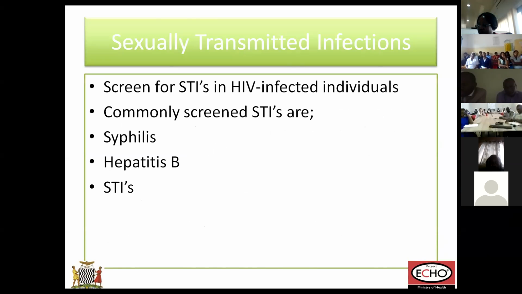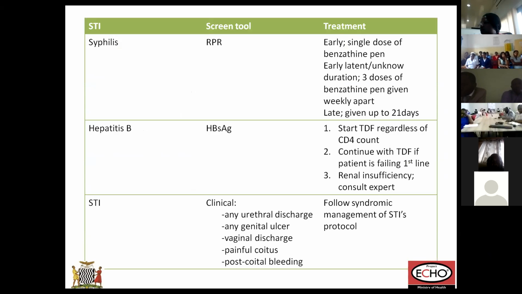The screening tool that we use for syphilis is the RPR, and for hepatitis B it is the hepatitis B surface antigen. For other STIs, we use a clinical or syndromic approach, which is any urethral discharge, any genital ulcer, any vaginal discharge, painful coitus, or postcoital bleeding.